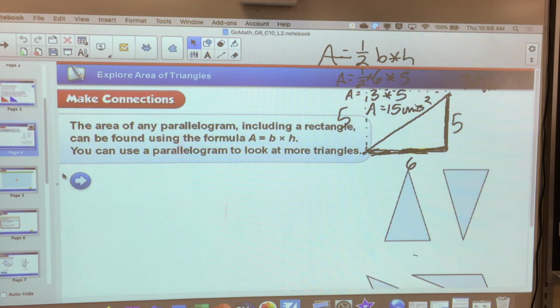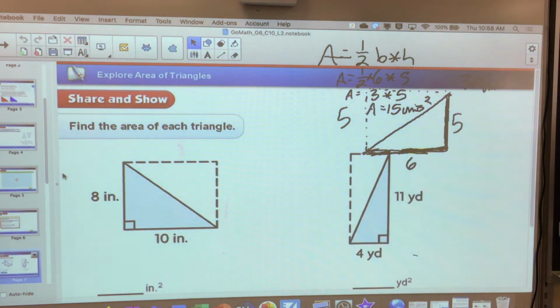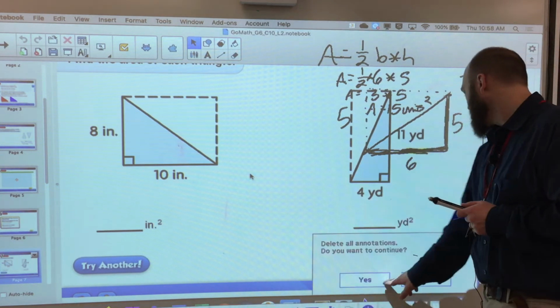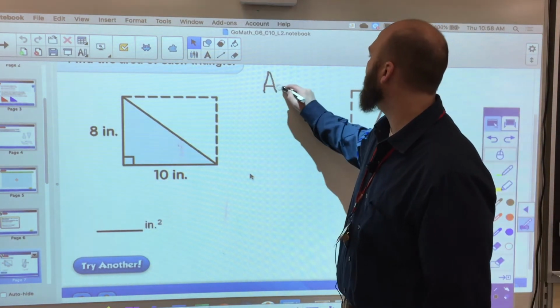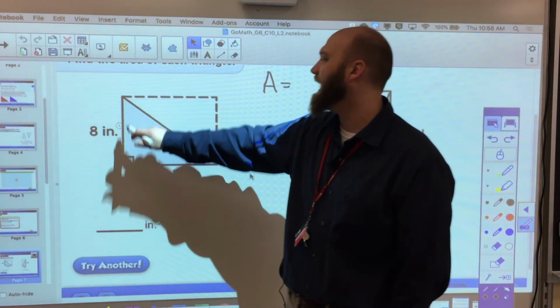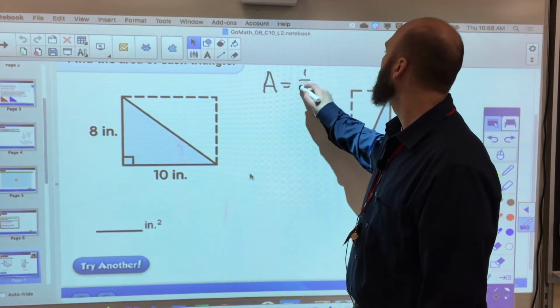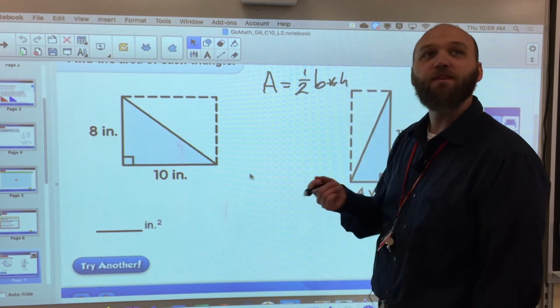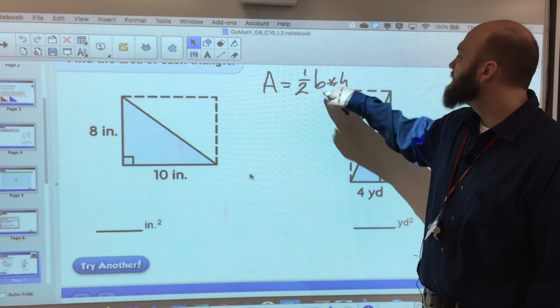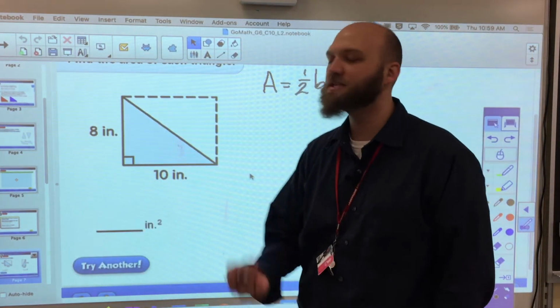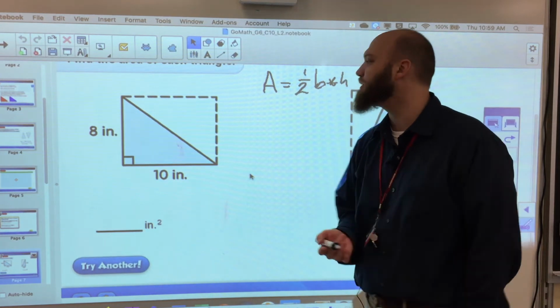If I go back and pick two of these very quickly, my formula is area equals, if it's a rectangle, base times height, but I only want half of that rectangle. So half of the base times the height. They may call it something different, length times width, whatever it may be, but you and I both know that we're still solving for a base and a height, so we can just keep that same terminology. It's really easy to remember.